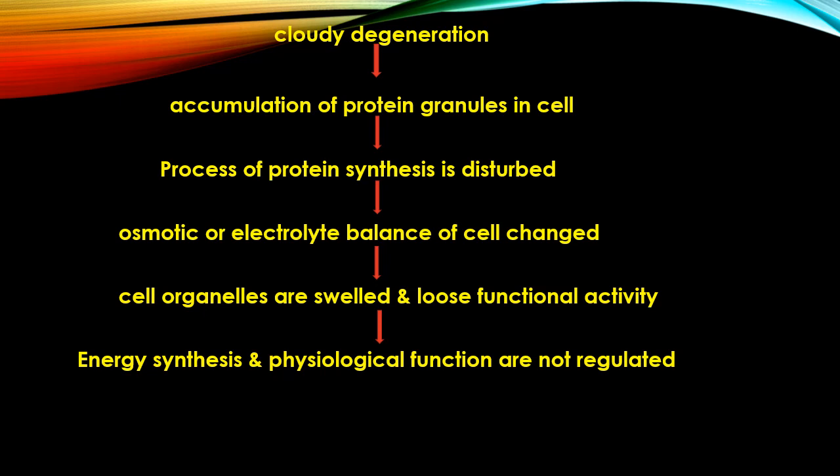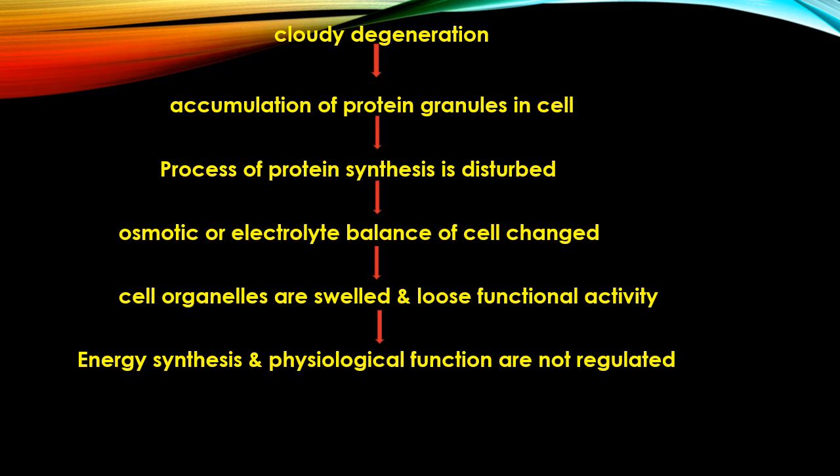Due to the appearance of protein granules in the cytoplasm, the osmotic or electrolyte balance of the cell changes, and the cell absorbs a large amount of water from interstitial spaces, resulting in swelling of cells and swelling of mitochondria.